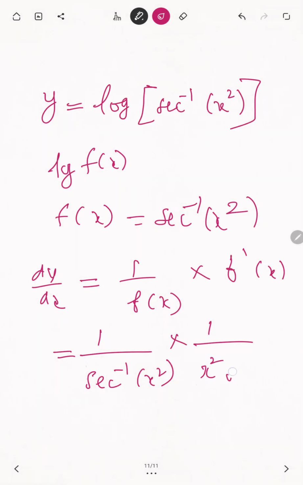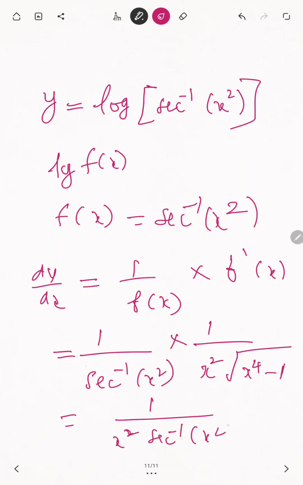X square into x square minus 1. So x power 4 minus 1. Then what will happen? The overall result is what? 1 by x square into secant inverse x square. Then again another product is coming. What is the product?